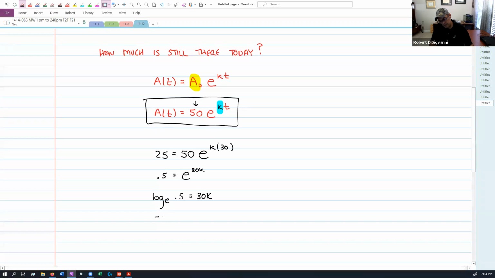So we get negative 0.023104 equals k, approximately. So that means now we have a final formula for the amount of this bad stuff we have at Chernobyl. There it is.